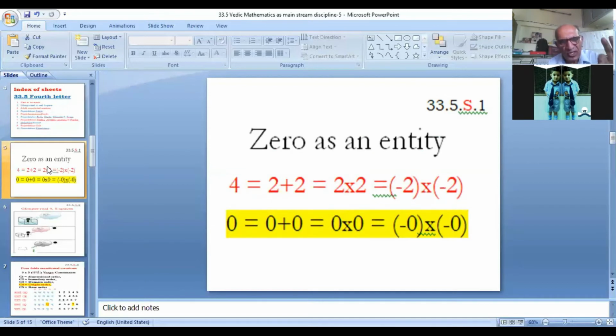So zero is a whole number. Being a whole number, it also plays all the roles played by the other natural numbers, the count numbers, the numerals 1 to 9.